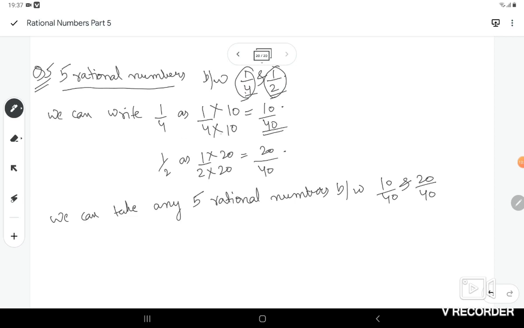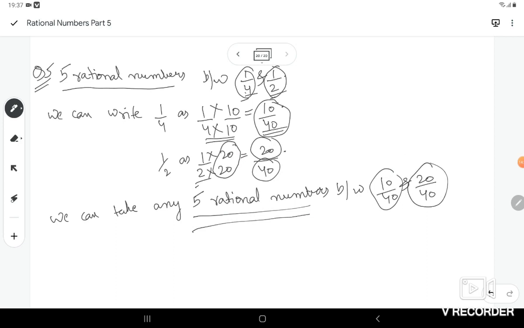Now solving 1 by 4, multiplying 10 in the numerator and denominator as 4 into 10 and 1 into 10, we get the result as 10 by 40. Similarly, we are going to multiply numerator and denominator by 20 to make the denominator as 2 into 20 equal to 40 and 1 into 20 equal to 20. Now we can take any 5 rational numbers between 10 by 40 and 20 by 40.